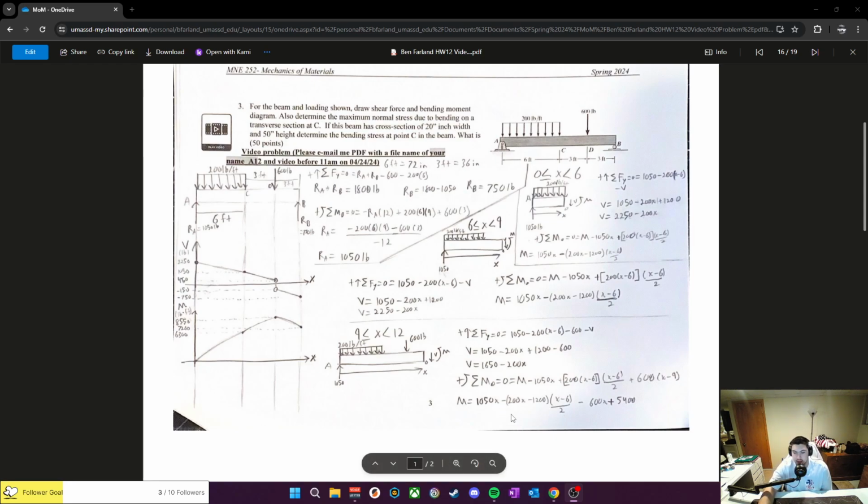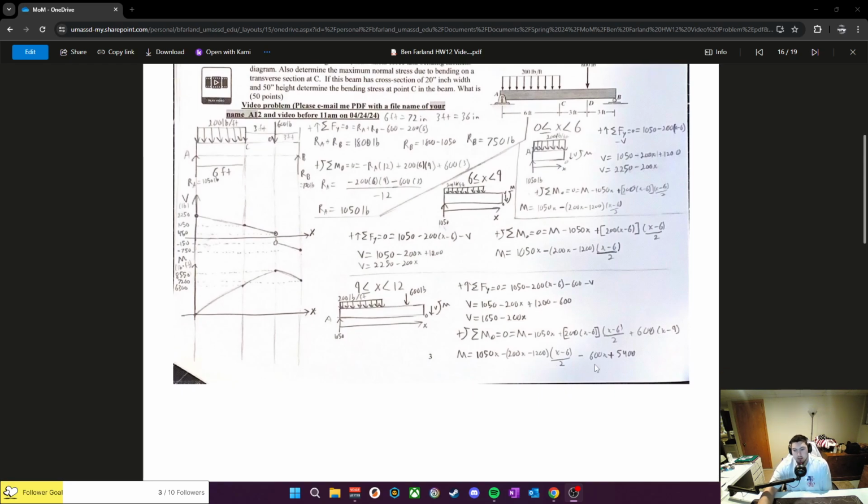Once we do that, we have the equation M equals 1050x minus 200 times x minus 6 times x minus 6 over 2 minus 600x plus 5400, where if we put in x equals 12, we get 7200, and x equals 9, we get the same 8,550.